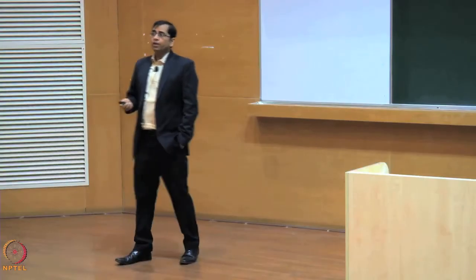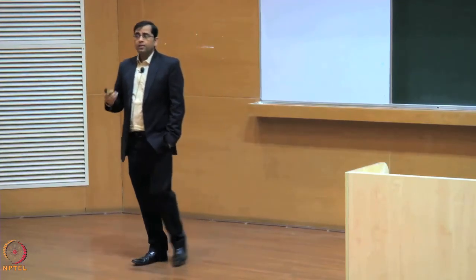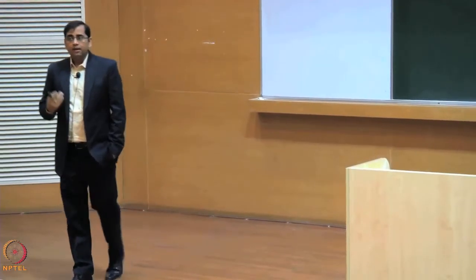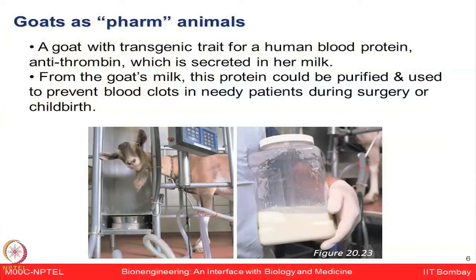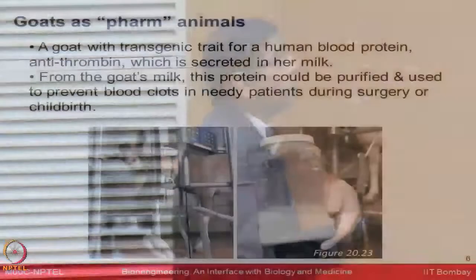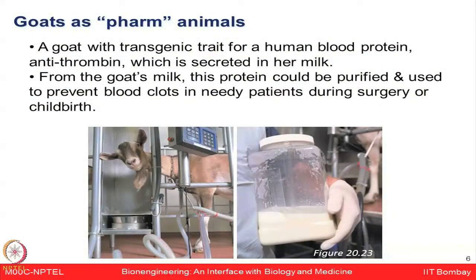Also people are using the concepts of transgenics. If you remember, we said that we can make transgenic animals, transgenic organisms as well, right? So imagine there is a goat. In that goat you have changed one gene, and you are using that gene to synthesize a human blood protein, which could be used as antithrombin or clotting factors. So the goat is doing all the other protein production the way it normally does, but it is also synthesizing one protein of human interest, and people are trying to purify that protein from the goat milk.